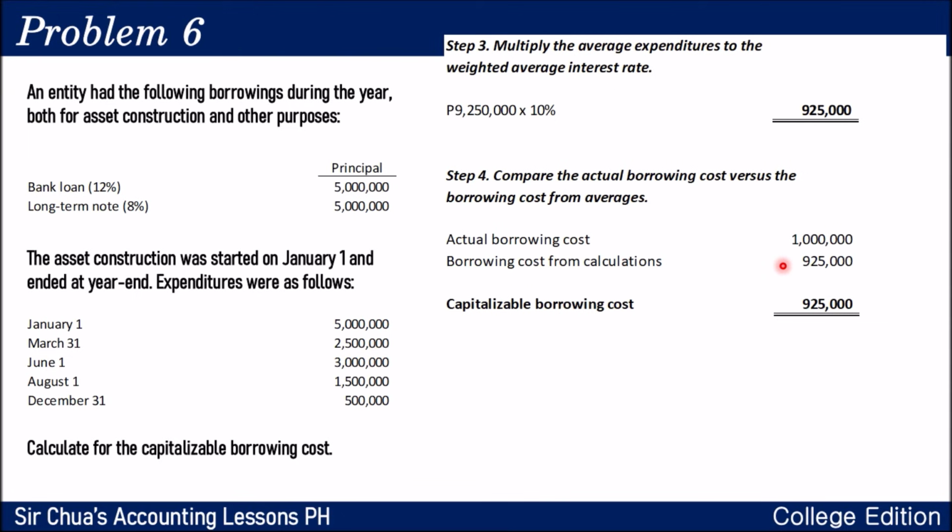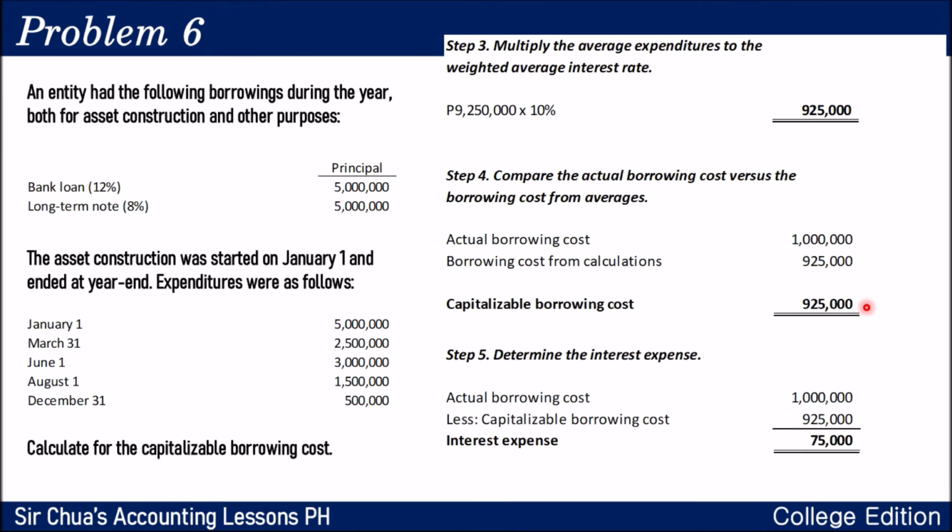Always remember that the capitalizable borrowing cost should not exceed yung ating pong actual borrowing cost. Okay? Dapat hindi nag-exceed eh. So, kung ang actual borrowing cost natin ay 1 million, pero yung borrowing cost natin from our calculations is 925, so your capitalizable borrowing cost is 925,000. Ngayon, yung step 5 bonus na lang yan.